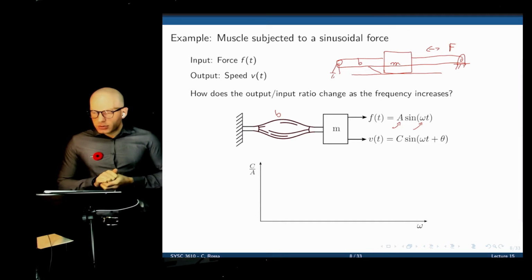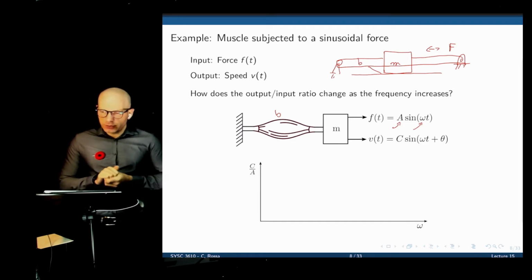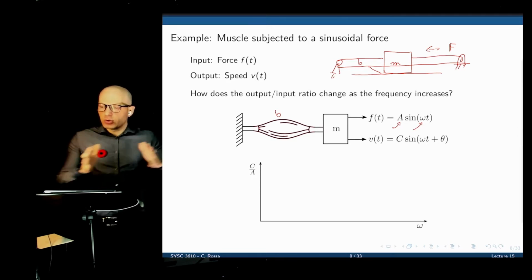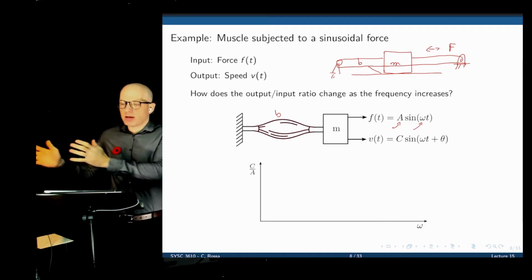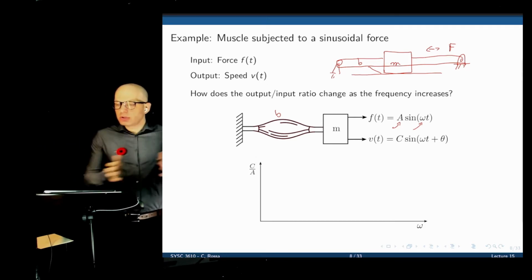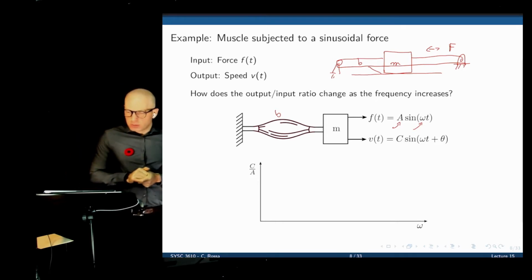Now let's see what happens to the speed. If we start with a very low frequency and let the system run, it's going to apply a force one way for some amount of time, then the other way, and then back and forth. Then you slowly increase that frequency and see how the system behaves.